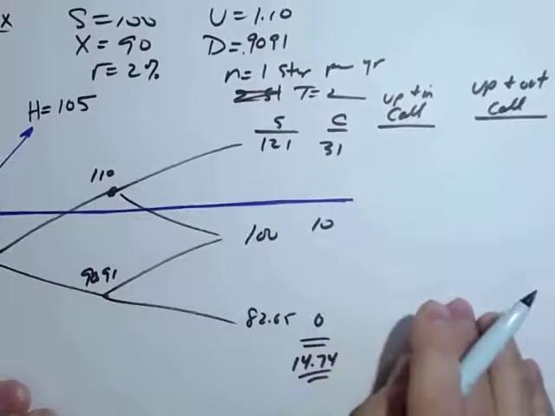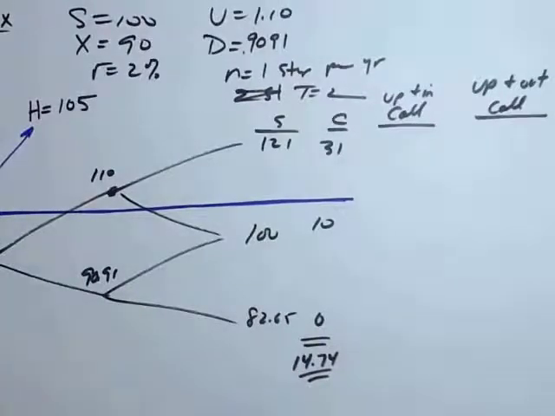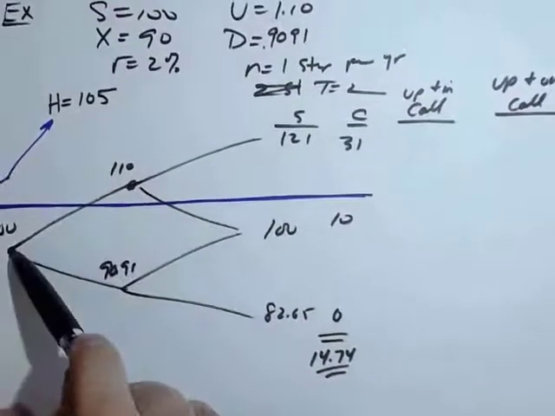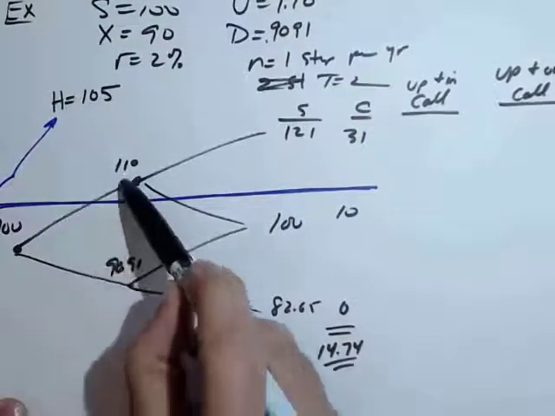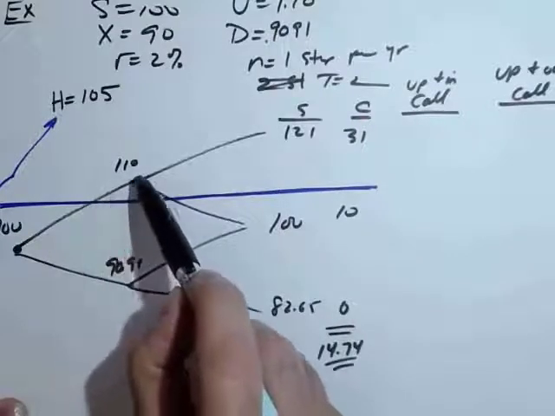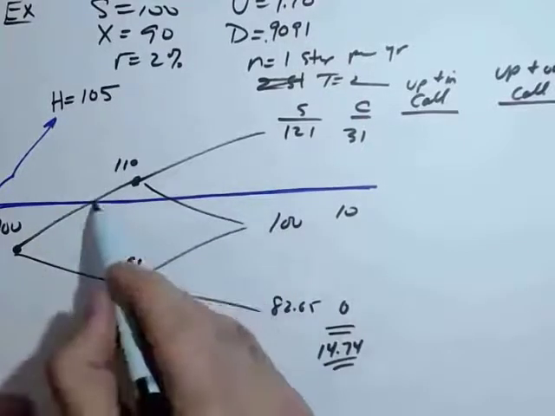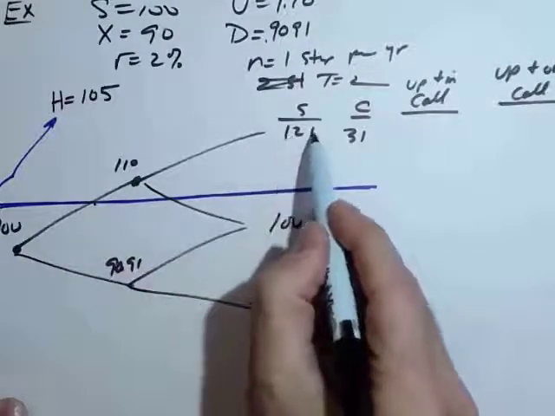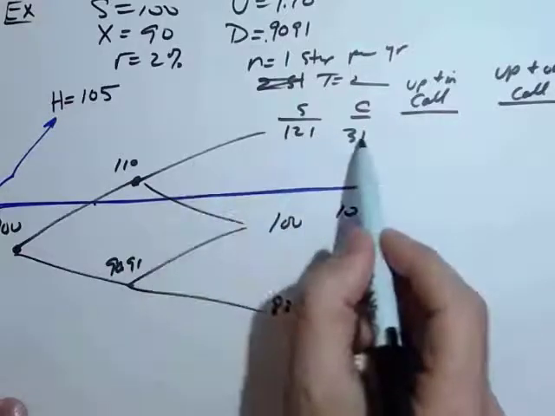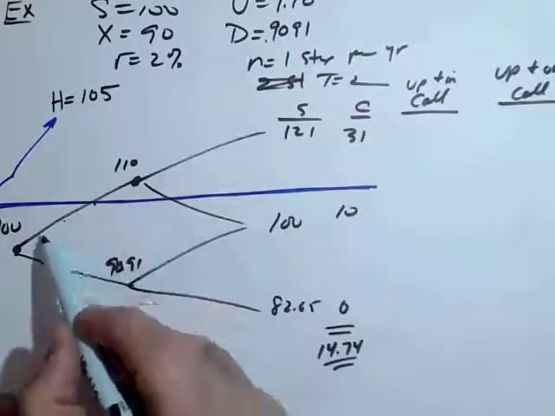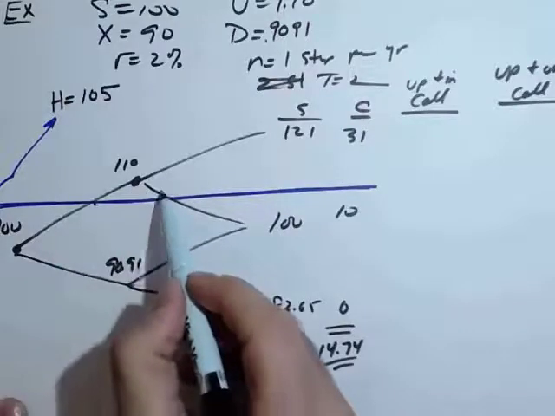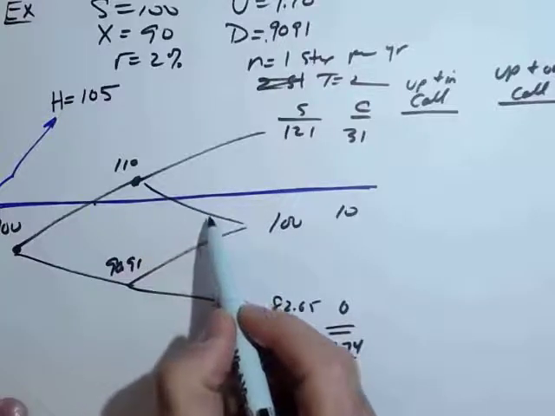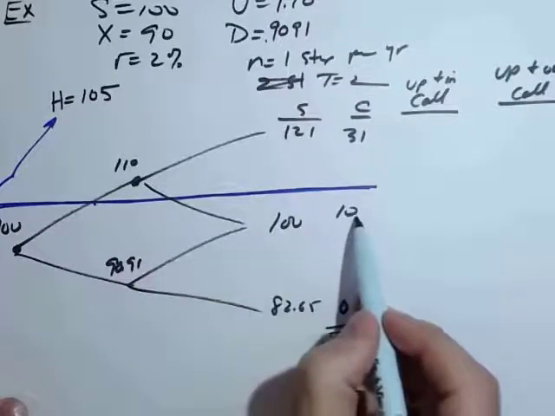With the up and in, we start here at the 100 mark. When we breach the barrier going up, the option becomes alive at this point, and it stays alive. So it could have a payoff here of 31, or it goes up, breaches the barrier, and stays alive even though it comes down and crosses the barrier, for a $10 payoff.